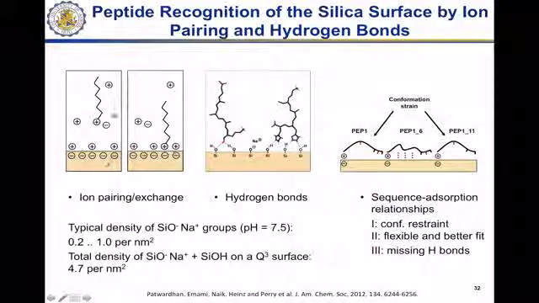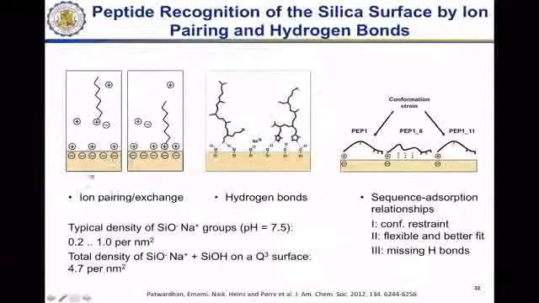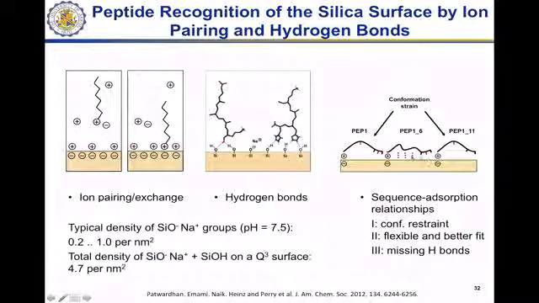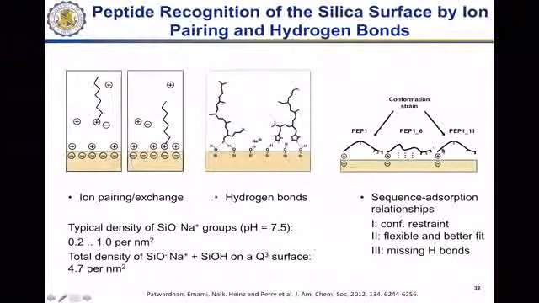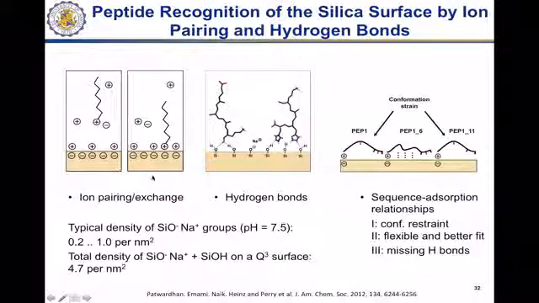And then selective adsorption, in summary, is controlled by 3 different types of processes. One is possibly in-solution ion pairing, that depends on the density of charges on the surface. Then hydrogen bonds can occur, and then also, depending on what kind of molecule interacts with the surface, sequence-dependent relationships. That's depending on the stiffness of the backbone and the presence of specific residues that induce either hydrogen bonds or ion pairing type interactions.